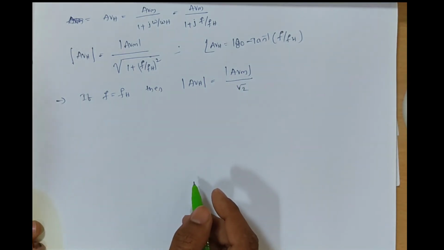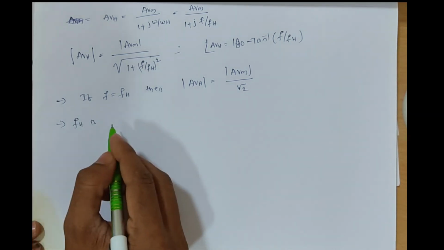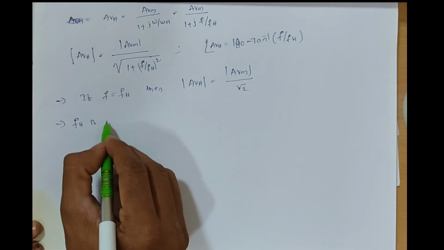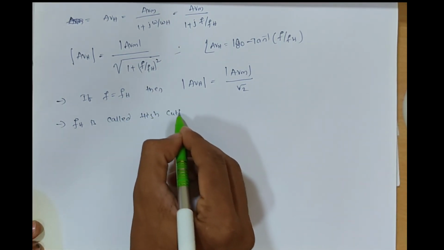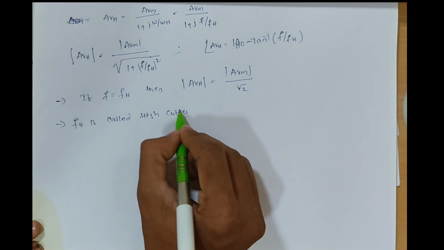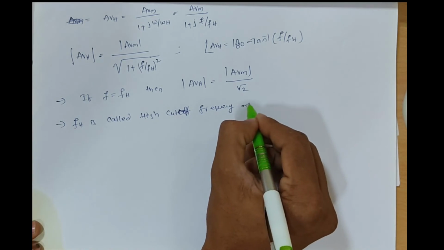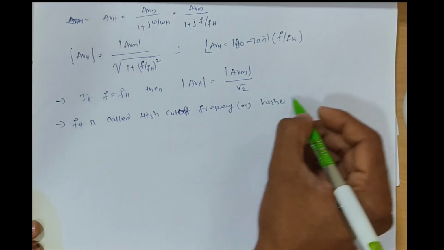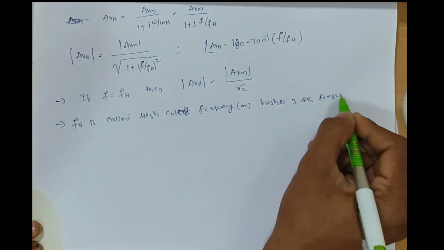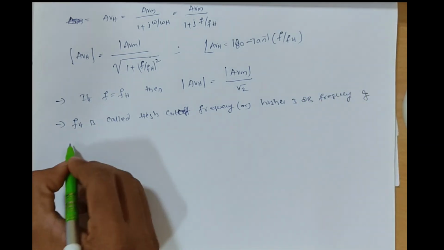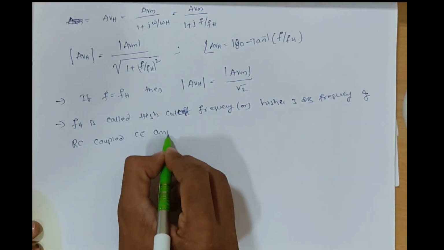Then we can say fh is called the high cutoff frequency, the higher cutoff frequency or upper cutoff frequency, or higher 3 dB frequency of the RC coupled CE amplifier.